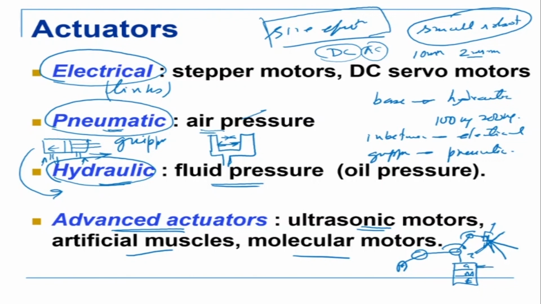So the gearbox will break, or the link will break. Whenever you have a high gear ratio, if it hits something, the links get damaged and tend to break. If the links break, then obviously it doesn't help, right? So in case of the gripper, we make it using pneumatic actuators.